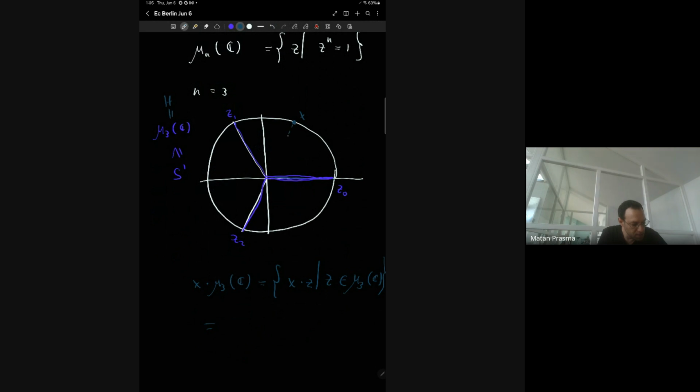Let's say that this is alpha. Then I shift Z0, Z1, and Z2 by alpha. So X times Z0 is simply X, right? Because I shifted Z0 by alpha. Z0 has angle 0. So I get this vector.